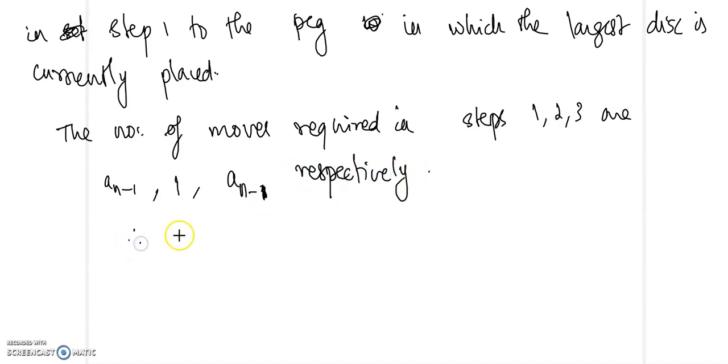So therefore a_{n-1} plus 1 plus a_{n-1} will be equal to 2a_{n-1} plus 1.